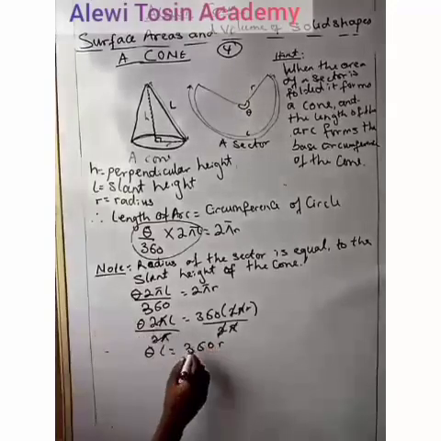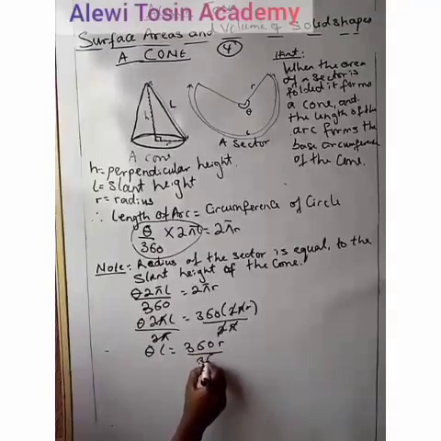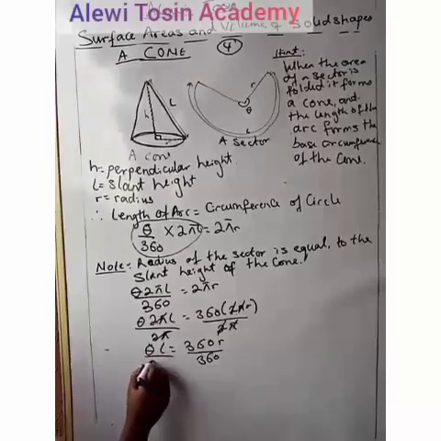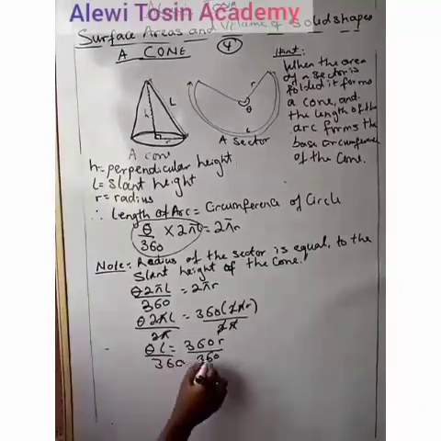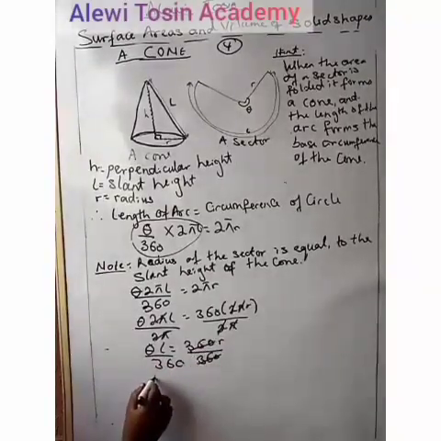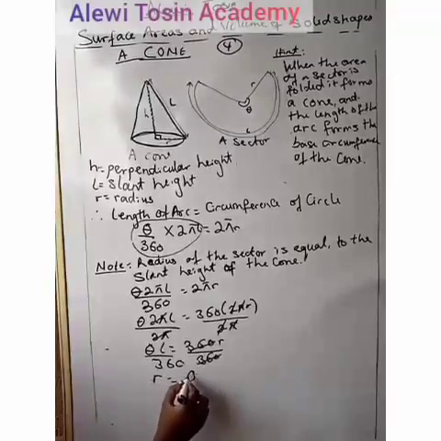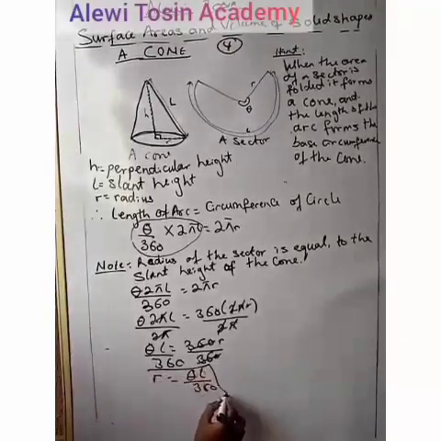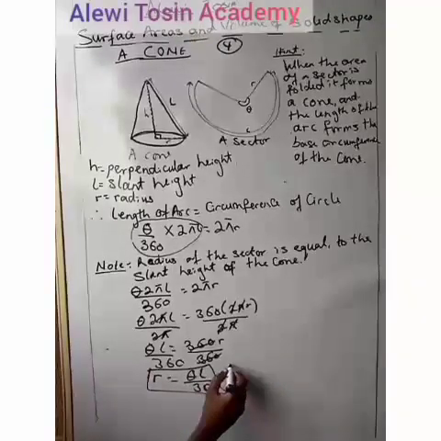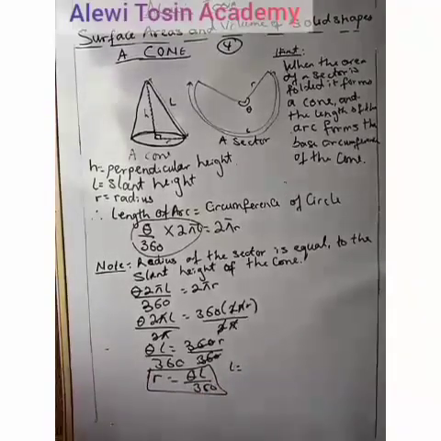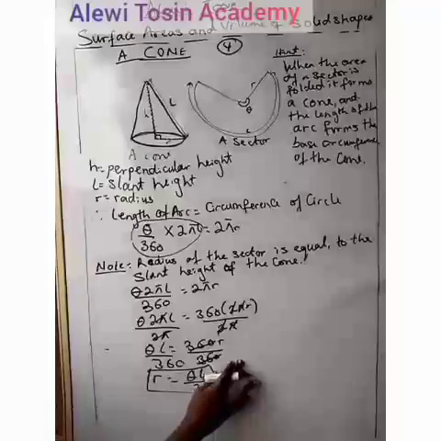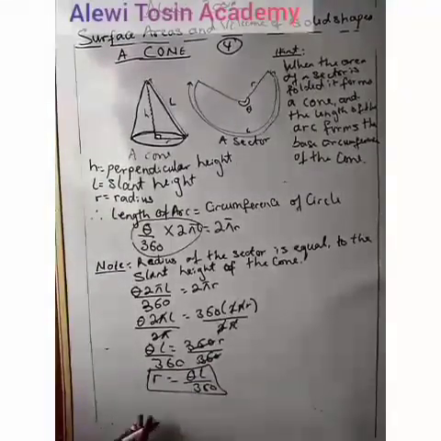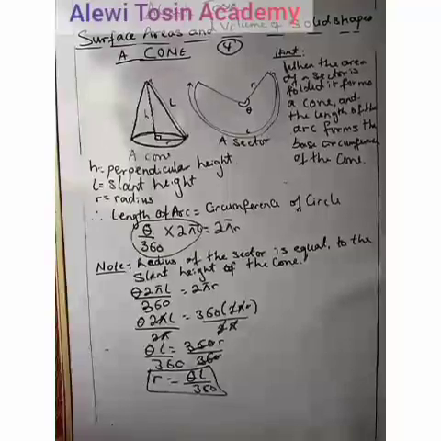Now, questions will tell us to find the base radius of a cone. So we are told to find the base radius of a cone. We are saying that our R is equal to theta over 360 times L, where L here is the slant height of the cone.